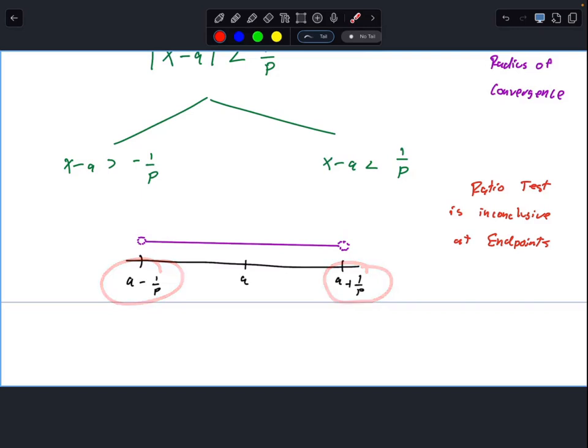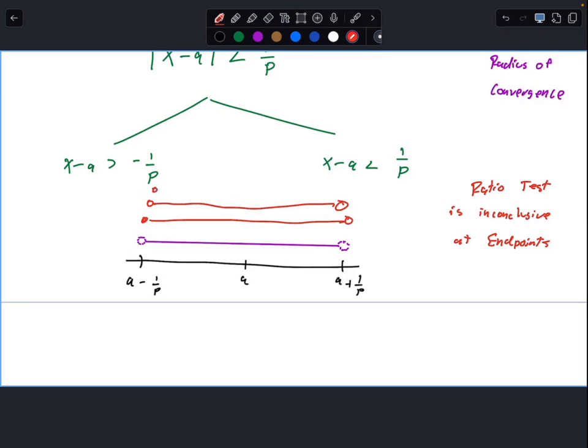And the ratio test is inconclusive at those endpoints. So we don't know if it's a closed and an open. We don't know if it's two opens. We don't know if it's two closed. We don't know which endpoints from the ratio test.